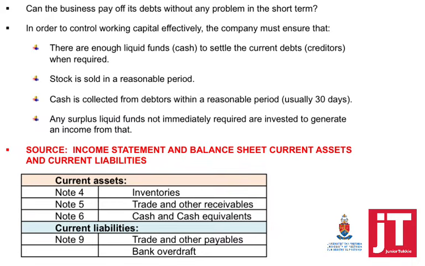When we look at our current liabilities, it consists of note number 9, which is your trade and other payables, and your bank overdraft. It is very important that you understand exactly what goes into each and every single one of those notes.